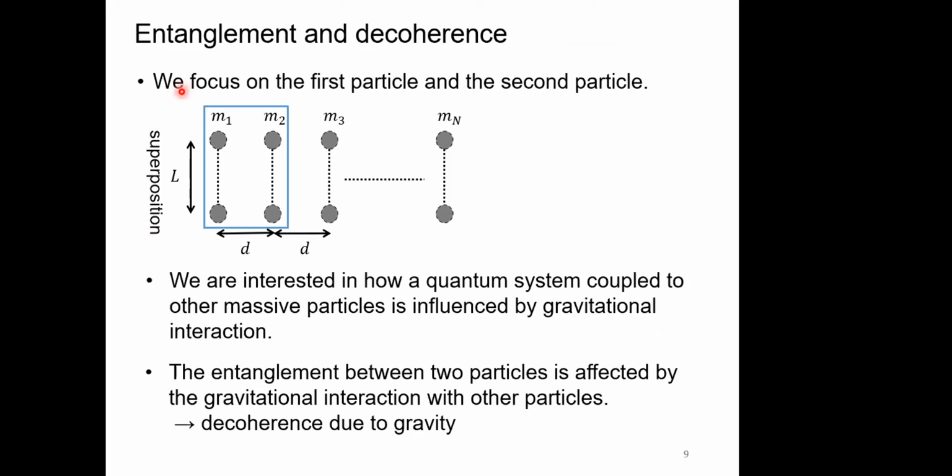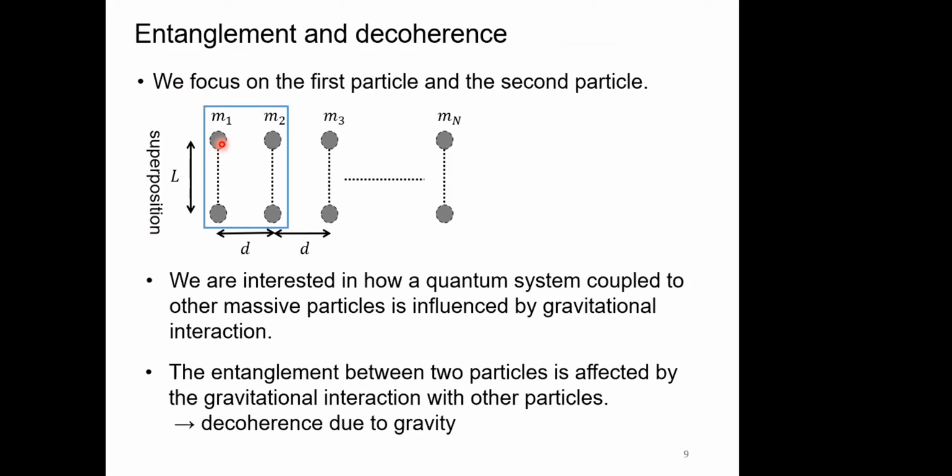We are interested in how a quantum system coupled to the massive particles is influenced by gravitational interaction. In this model, two particles are entangled with other particles. So the entanglement between the two particles is affected by its gravitational interaction with other particles in the n-particle system.